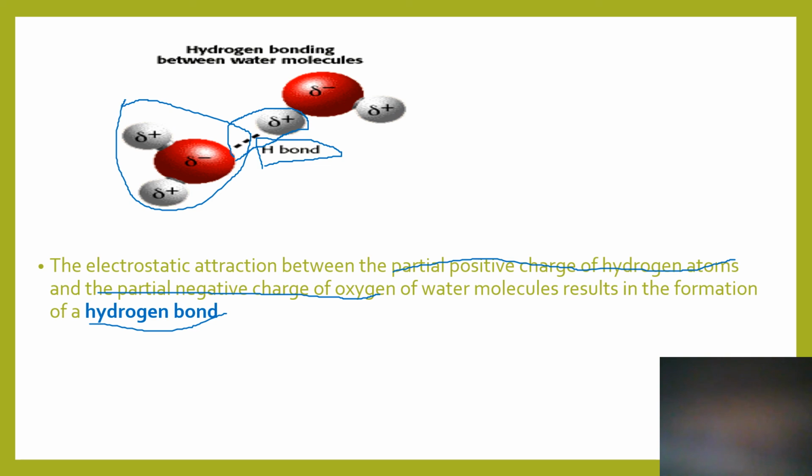Whenever we add another water molecule, immediately the negative charge of the oxygen atom of the new water molecule forms a hydrogen bond with the partial positive charge of another water molecule. So in this manner, whenever water molecules are added, many hydrogen bonds are formed between them.